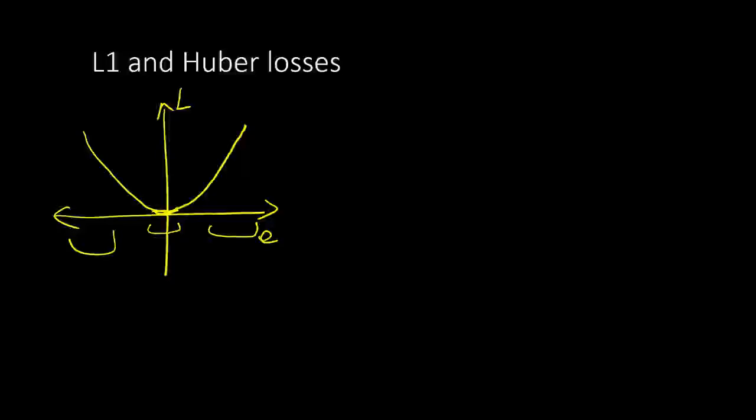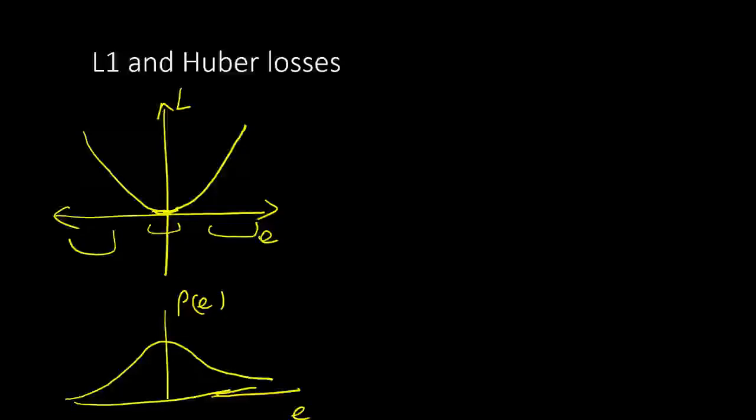But when your error is not Gaussian distributed, so your distribution of error, this is your P of error and this is your error. We are assuming that it is Gaussian distributed. A Gaussian distribution is not considered a heavy-tailed distribution. An example of a heavy-tailed distribution would be the exponential distribution, or the two-sided exponential, the Laplace distribution.